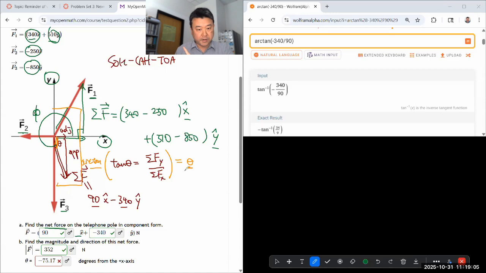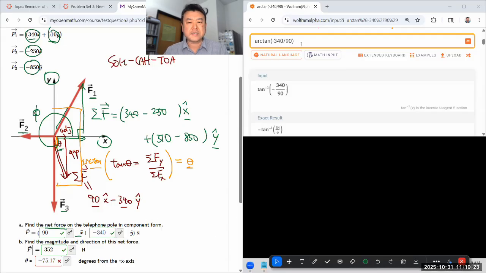If a calculator gave me this angle as a signed quantity, then I think through, okay, for this phi, the whole thing is 360 degrees. If I add this negative number, then it should give me phi as an angle between 270 and 360 degrees.